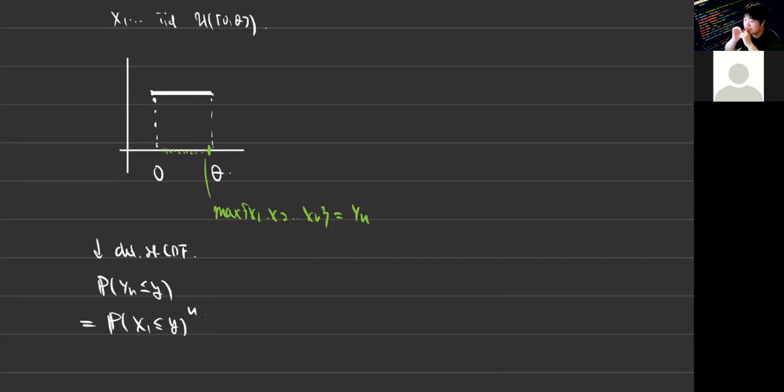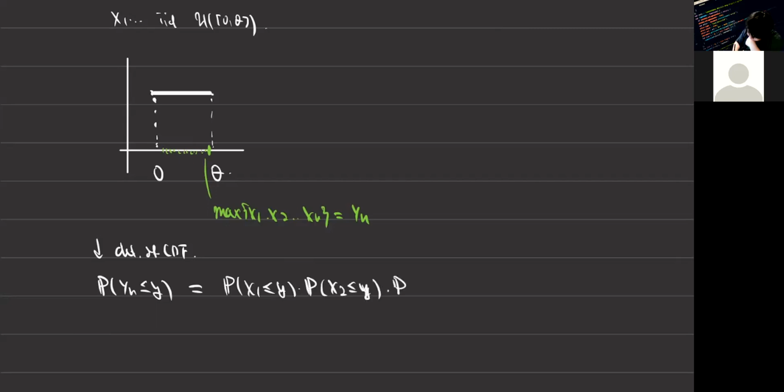If you want to write it out, this is equivalent to the probability that X1 is less than or equal to y, times the probability that X2 is less than or equal to y, times the probability that X3 is less than or equal to y, and so on up to Xn.